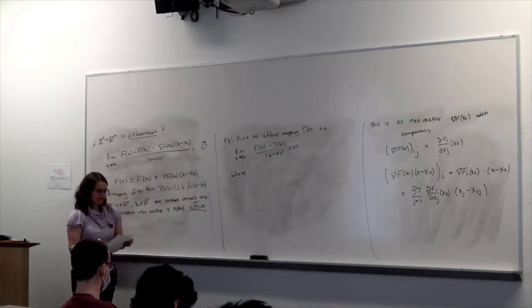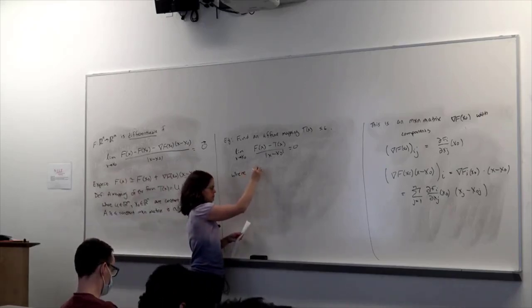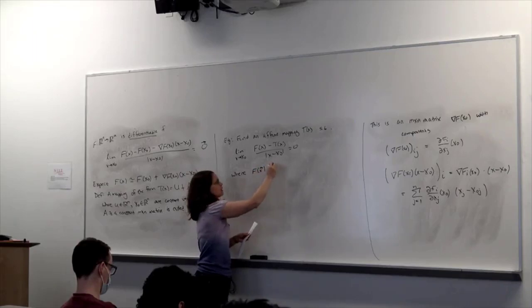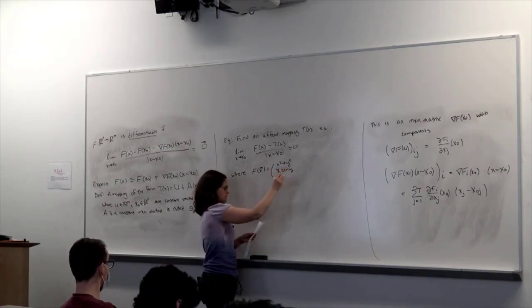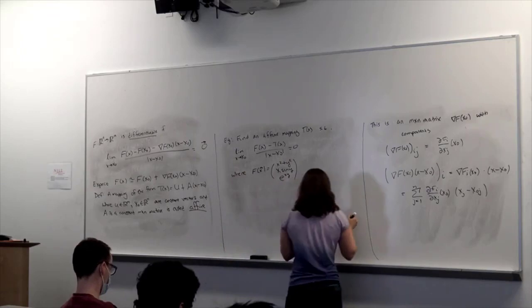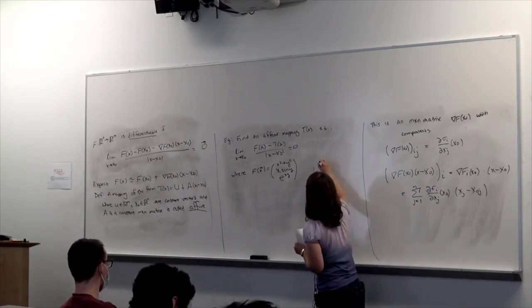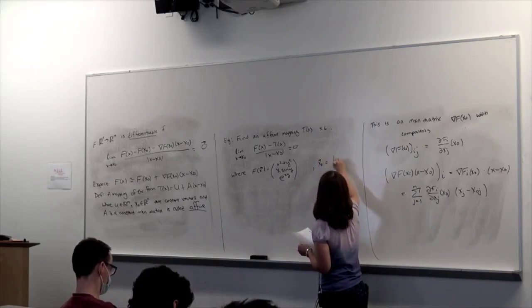So let's say that f is x squared plus y squared, x sine y, and e to the xy, and x naught is going to be (1, 0).